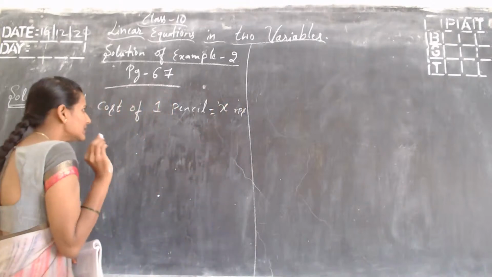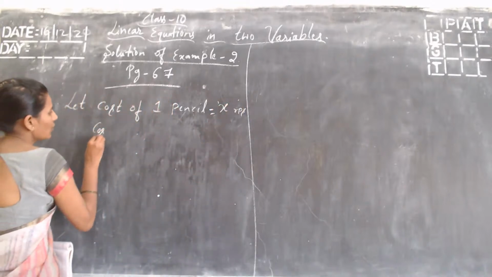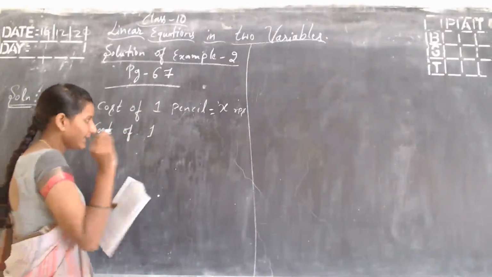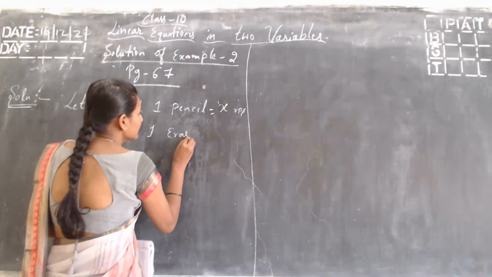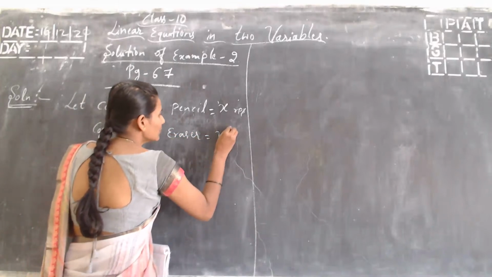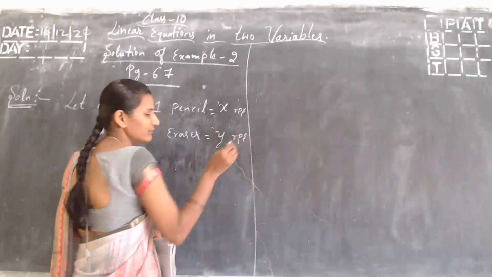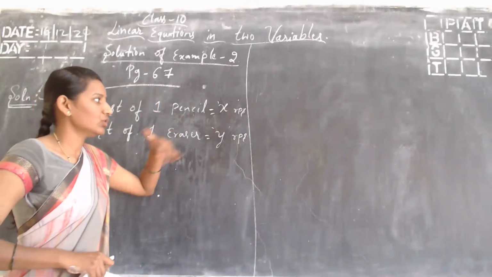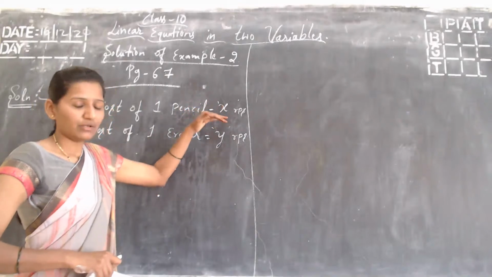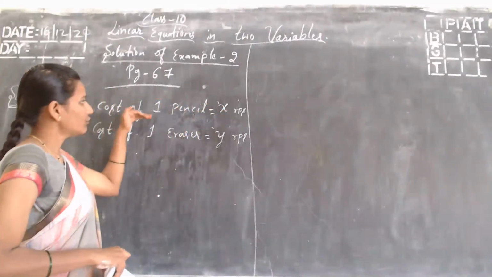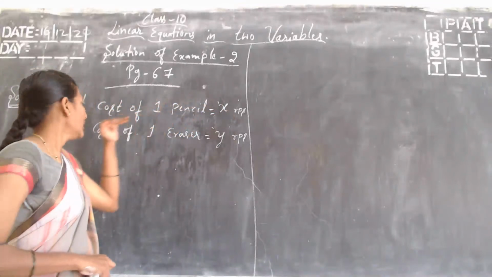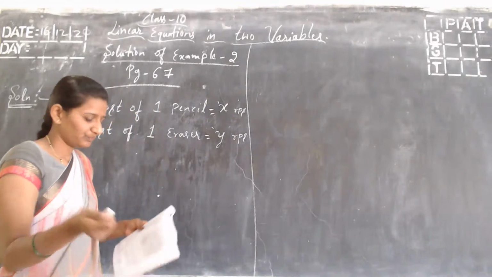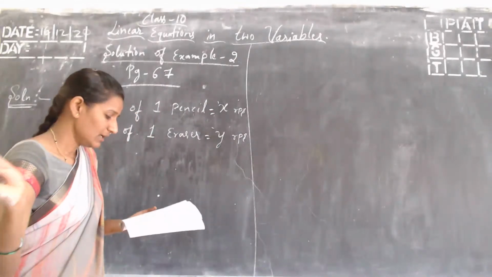Understood? Similarly, the cost of one eraser is y rupees. In each and every question we have to take that. If we don't know the values, these two are the variables we have to take. So the cost of one pencil is x rupees and the cost of one eraser is y rupees, because we don't know the cost of the pencil and the eraser.